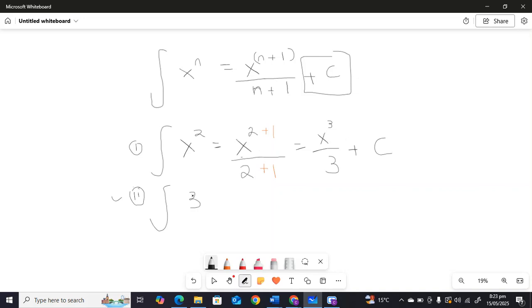Okay, let's try to integrate these three here. Colleagues, as you are trying, just remember here is the law here. You look at the law and you try to apply it here. Okay, just hold on.